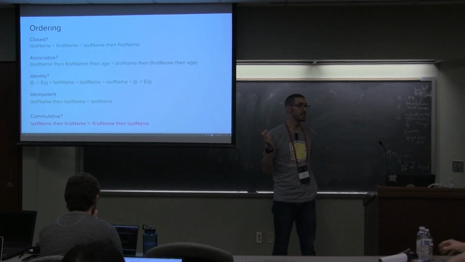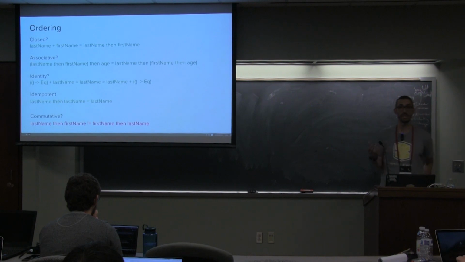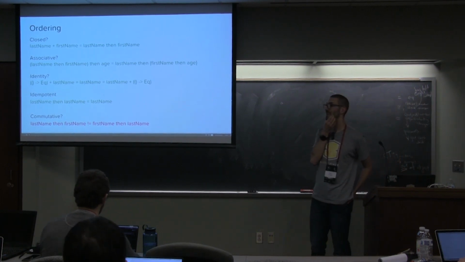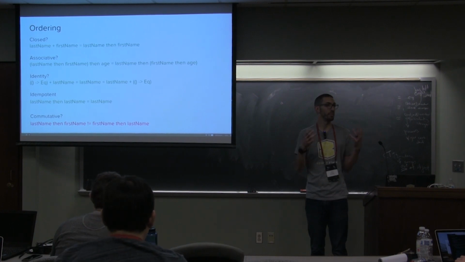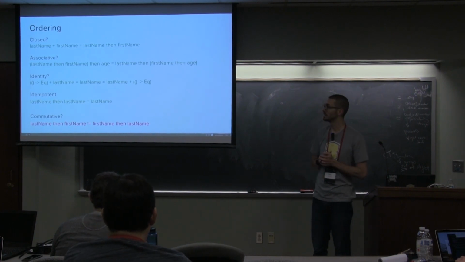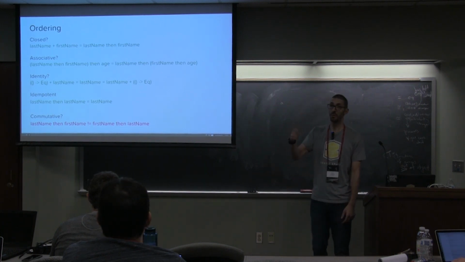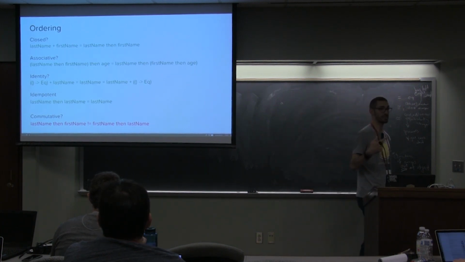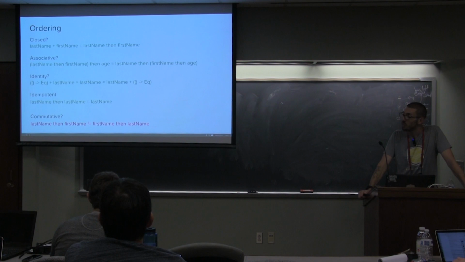We also would have an identity, which we could define, especially with the Haskell Ord type class, where we could just say, I don't care what two things you give me, they're just equal by default. That would be our identity in that case. And then it's also idempotent because we can continue ordering by last name as many times as we want to, and it's not going to have any additional effect after the first time. But it's not commutative. So what does all this mean?